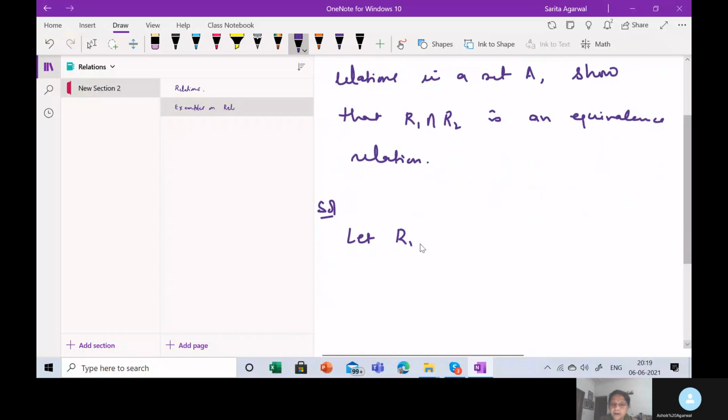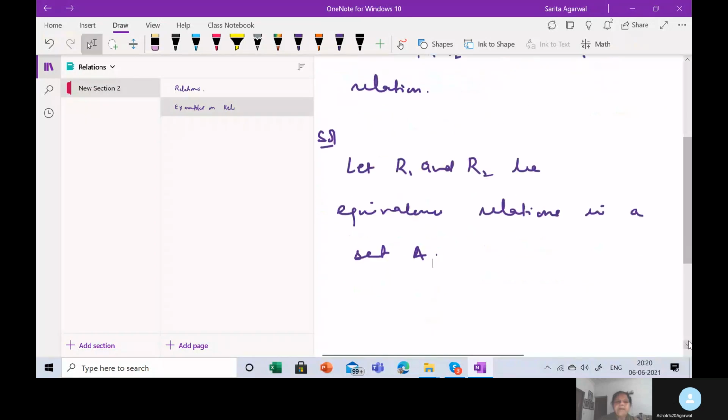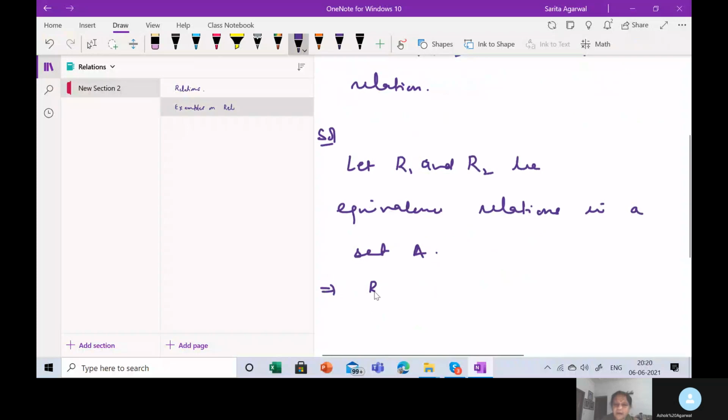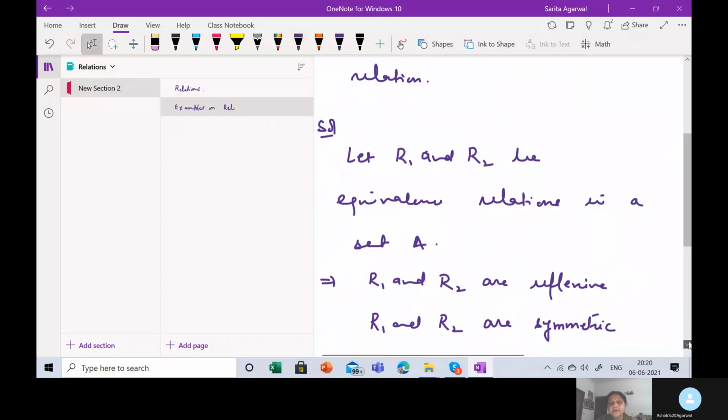Let R1 and R2 be equivalence relations in a set A. So that means R1 and R2 are reflexive, R1 and R2 are symmetric, and R1 and R2 are transitive.